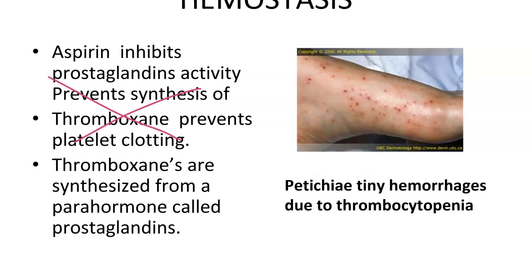That's when these little red dots appear on the skin, and they're due to a lack of platelet activity. So that's one of the things that have to be looked at or monitored when someone is taking aspirin for long periods of time.